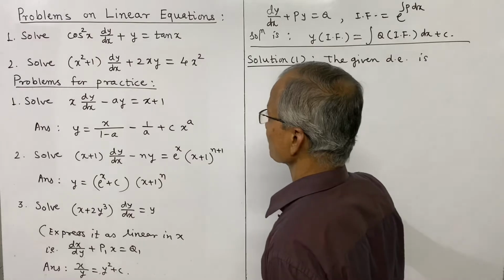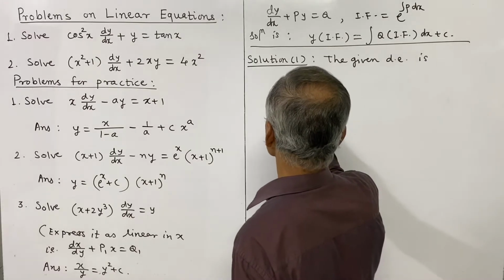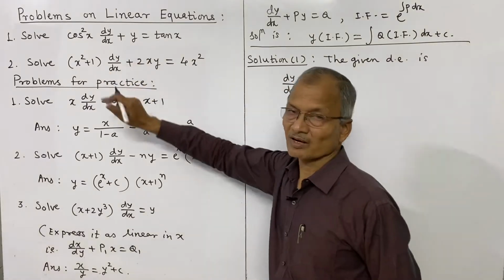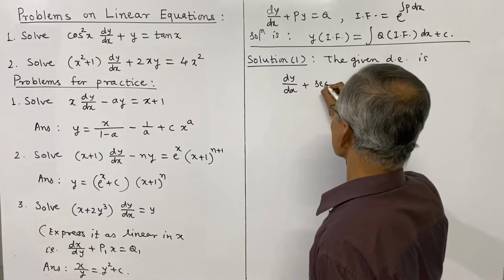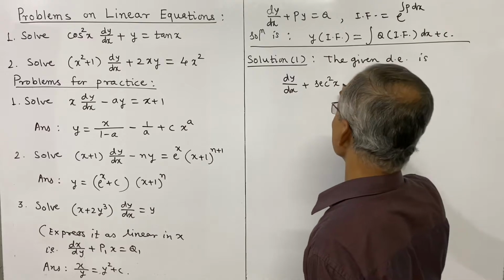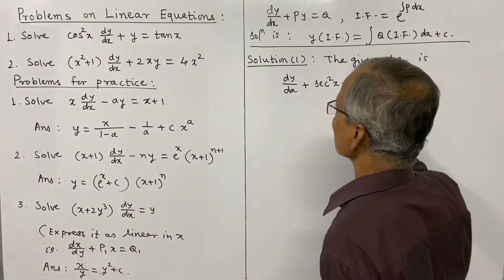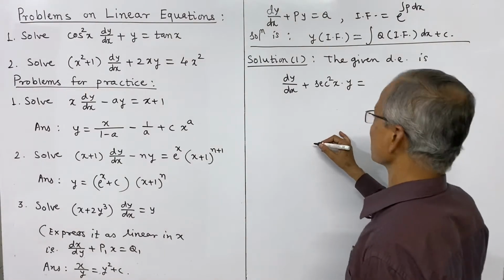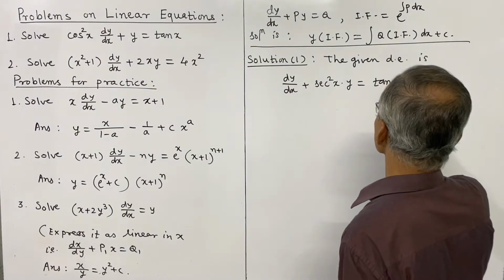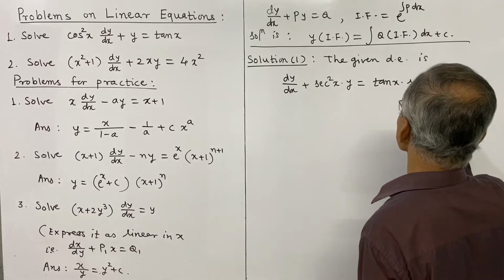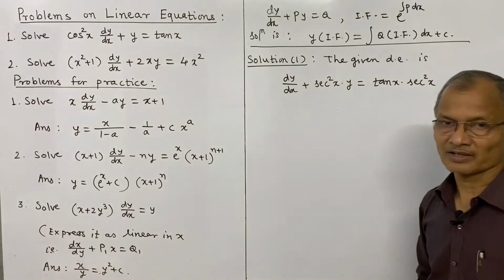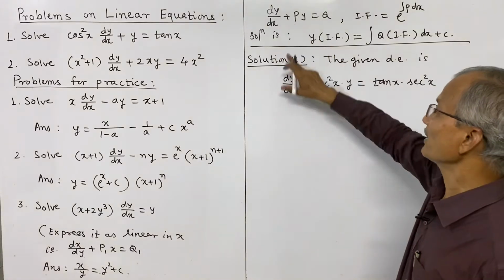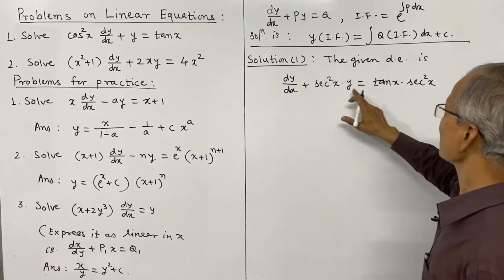After dividing by cos square x, I shall write it directly: dy by dx plus 1 upon cos square x, which is sec square x, into y, is equal to tan x divided by cos square x, meaning tan x into sec square x. So, you can understand it, and this equation is in the form dy by dx plus py is equal to q.